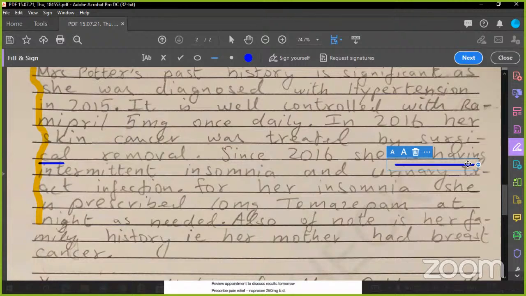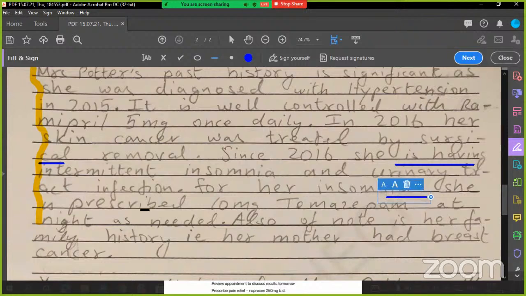For her insomnia, here you have to put a comma. She is prescribed 10 mg at night as needed. Instead of needed, you can say required. Also, comma, of note is her family history.